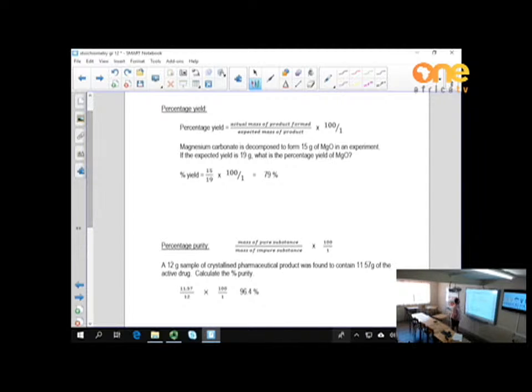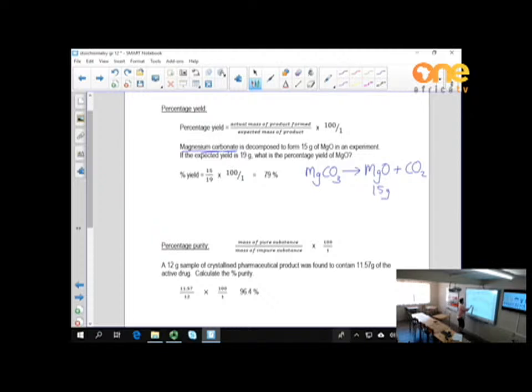They can also say, what percentage would we get, the percentage yield? They say magnesium carbonate is decomposed to form magnesium oxide. Now the equation would be, I have magnesium carbonate, and they're going to heat it, and I'm going to get magnesium oxide and carbon dioxide. Okay, so now they say to us, we get 15 grams of magnesium oxide.